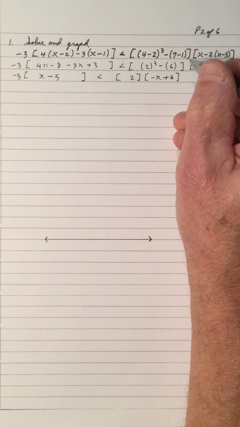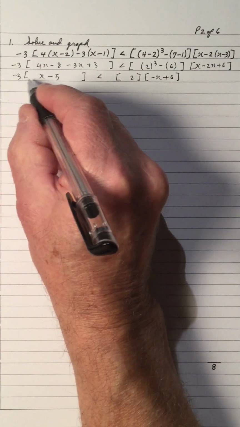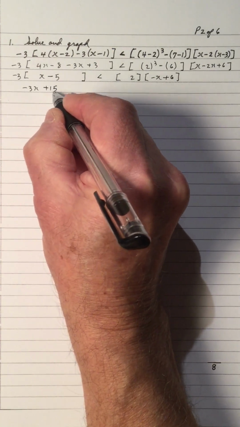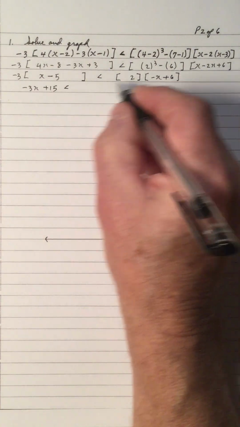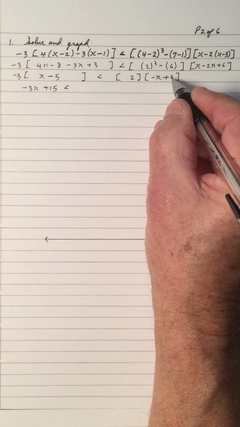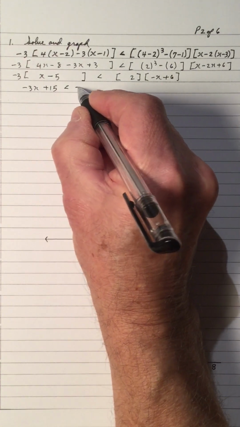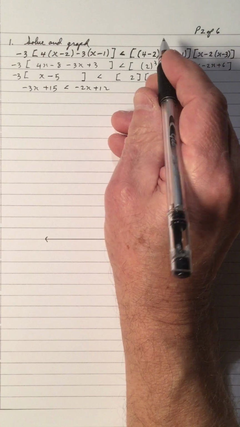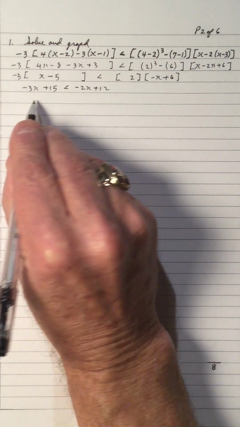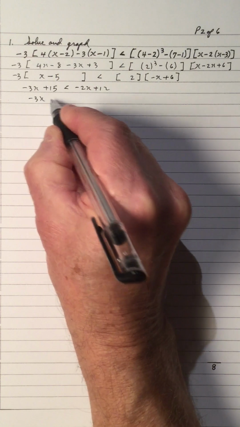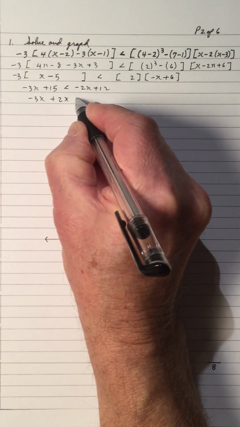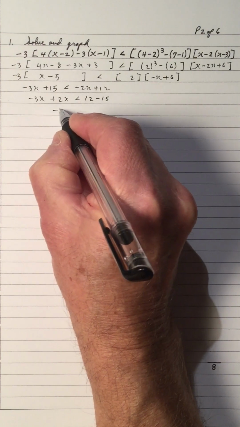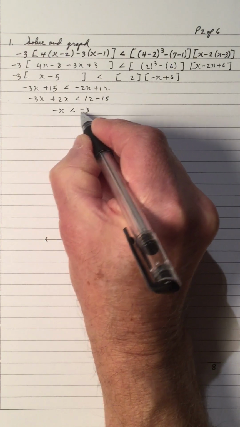Now that I have all the brackets simplified, I'll multiply by distributive property. Negative 3x plus 15 is less than, and I have 2 times negative x plus 6 gives me negative 2x plus 12, and that gives me negative 3x plus 2x less than 12 minus 15, so that gives me negative x is less than negative 3.